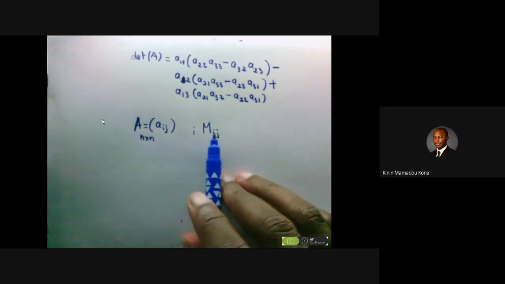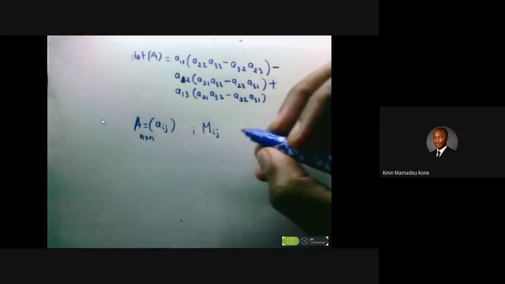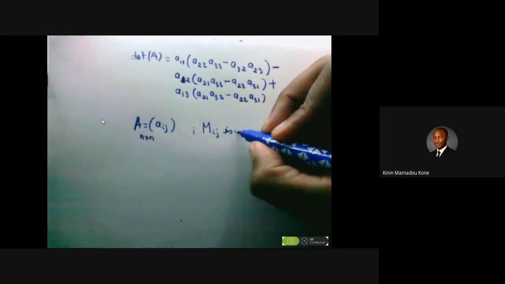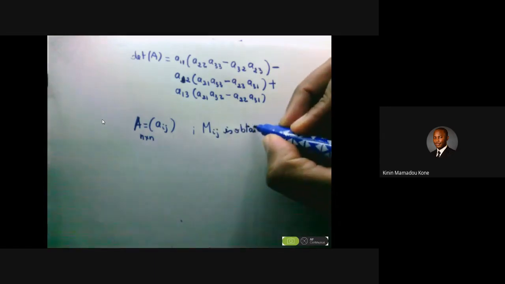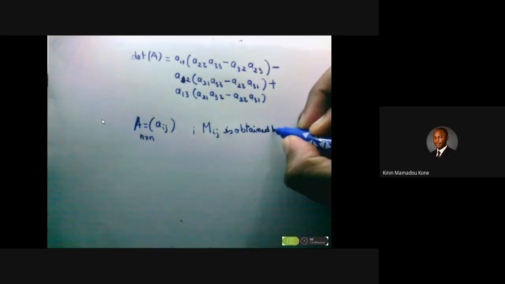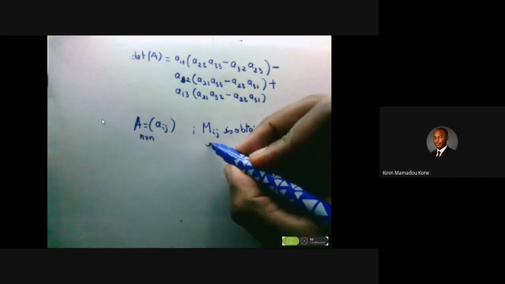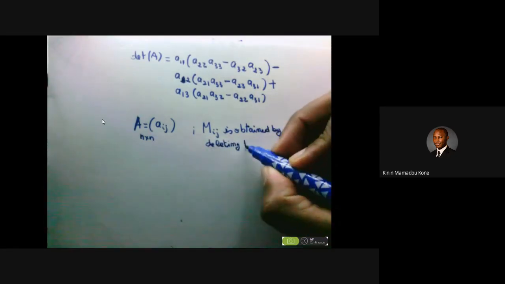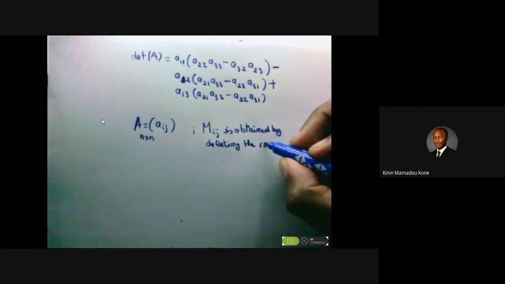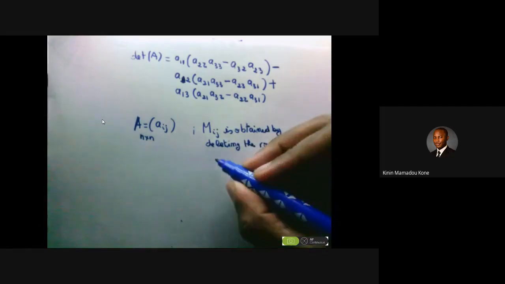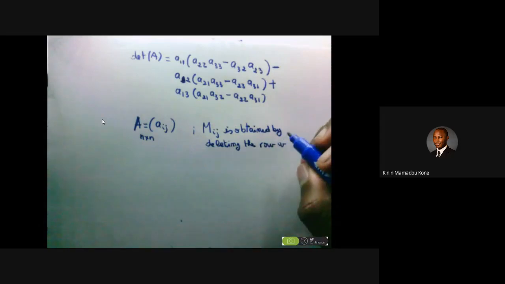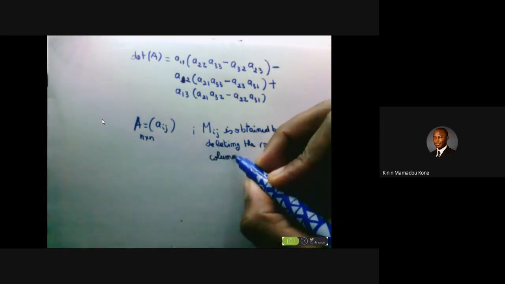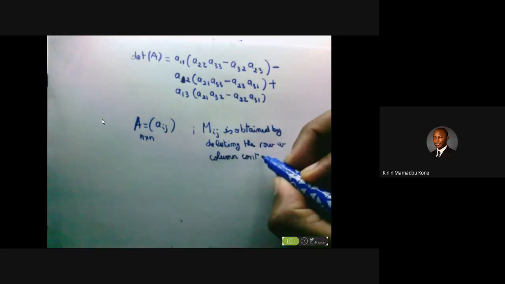That minor matrix M sub ij is obtained by deleting the row and the column containing A sub ij.